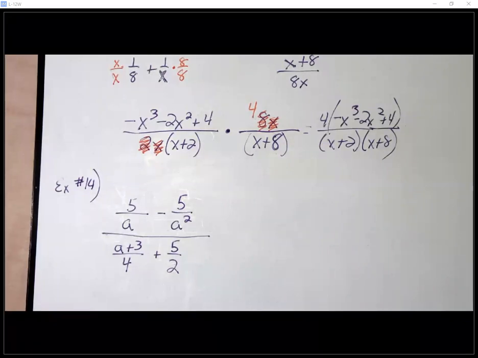So you can add those together. I only disagree with the top part. You can't take that and put it back to plus.